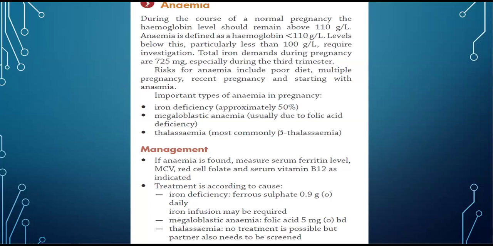If eclampsia, termination is indicated at any gestational age. But sometimes, if it is only one convulsion and everything else looks fine, mother and baby are stable, you might try to prolong. If a second episode happens or there is distress of the baby or mother, then definitely termination. Those are case by case and don't come in the exam, but in reality, you might wait.